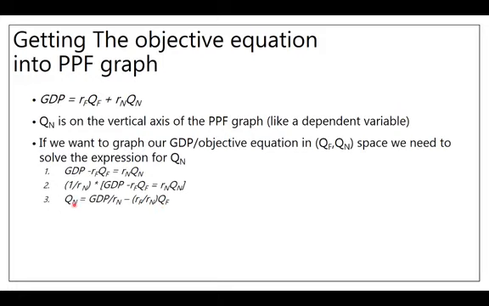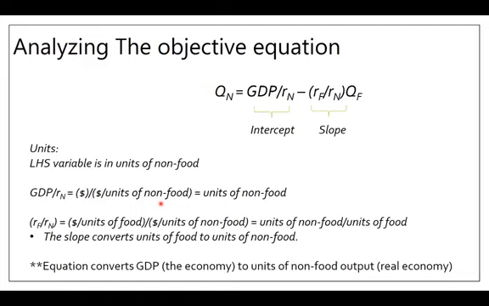So this is an equation that has 3 variables in it. QN as it relates to QF, so how does the output of non-food relate to the food output? And then we have this kind of troubling thing of GDP here, but it's a free variable. So let's not worry about it too much, and think about the relationship between QN and QF.